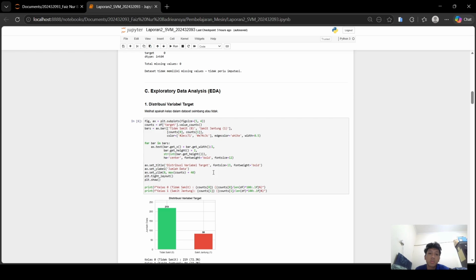First, the distribution of the target variable. We see whether the classes in the dataset are balanced or not.